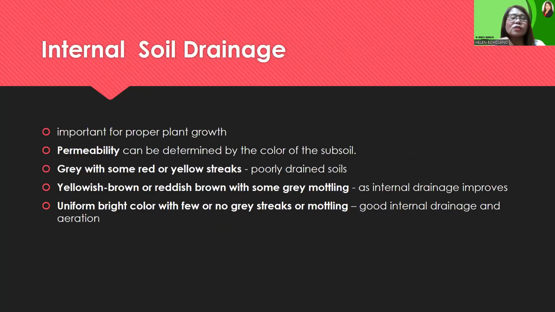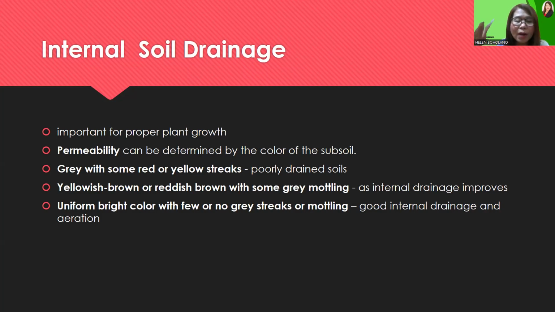Then we have internal soil drainage, important for proper plant growth. Permeability can be determined by the color of the subsoil. Gray with some red or yellow streaks are poorly drained soils. If it is yellowish brown or reddish brown with some gray mottling, internal drainage improves.